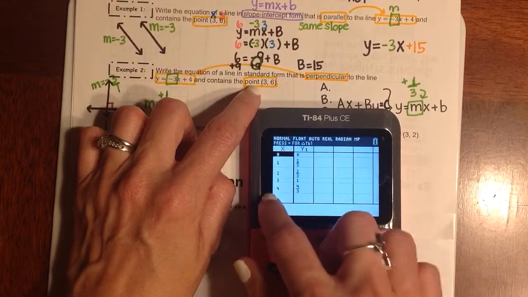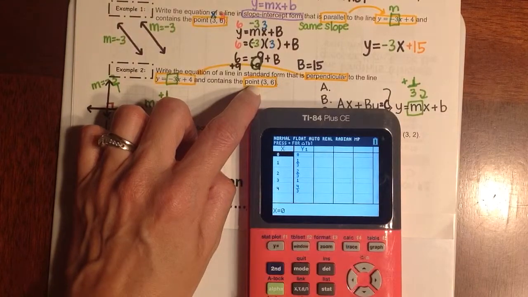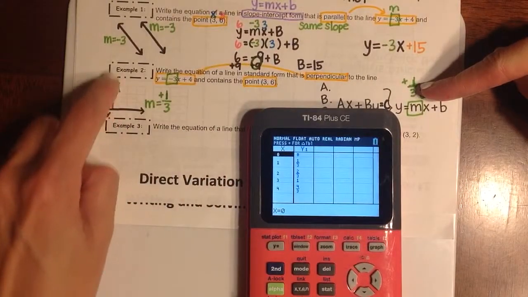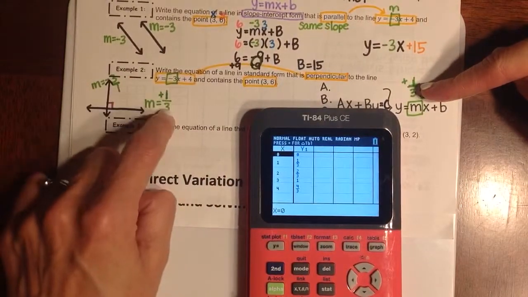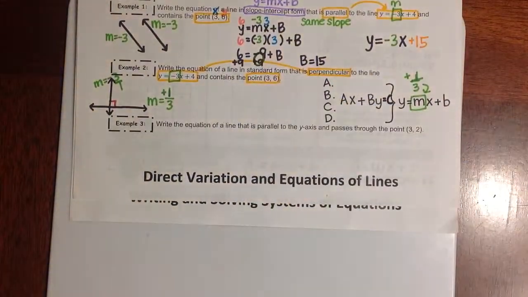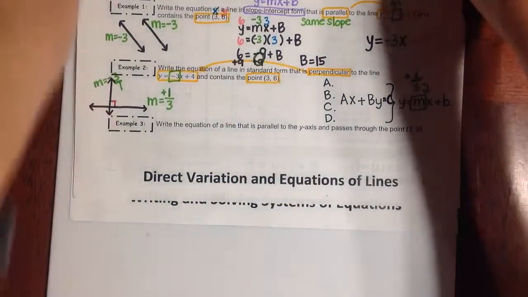If it does not have the point 3, 6, then it's not the equation. It has to have the slope we need, so it has to be the flipped fraction and the changed sign, but it also has to have that point. If it doesn't have both, then that is not the correct answer.